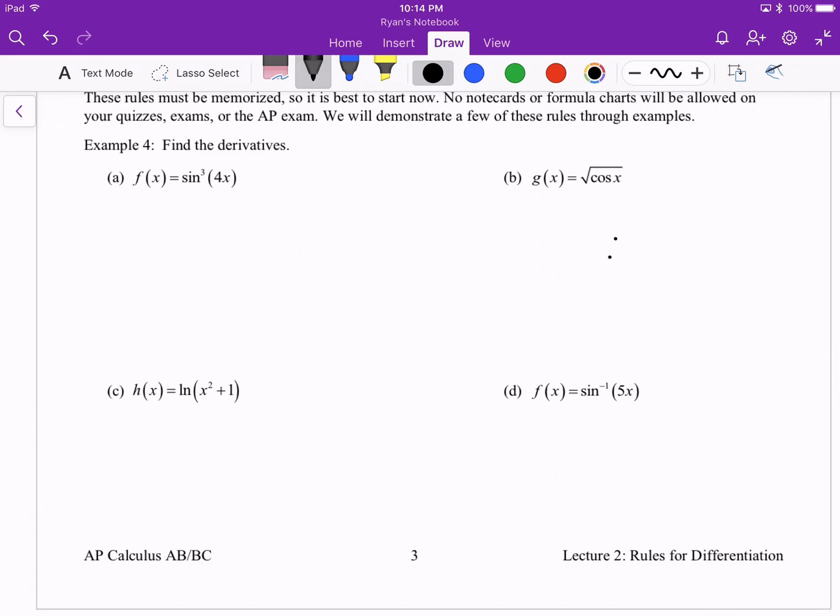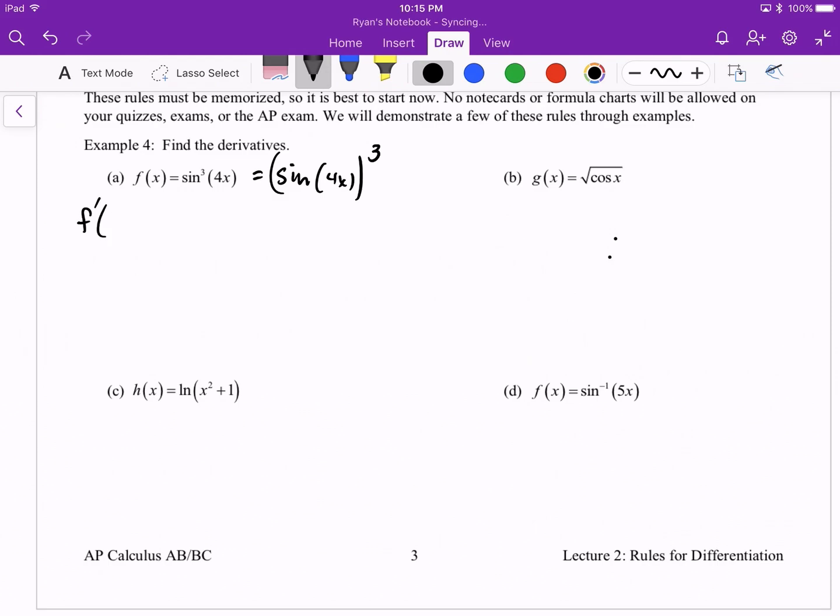And so really, the way that it can be helpful for you to see this is (sine of 4x) and then all cubed. And I think writing it like that helps you realize, yes, this is a chain rule problem where x^3 is the outside function and sine of 4x is the inside function.